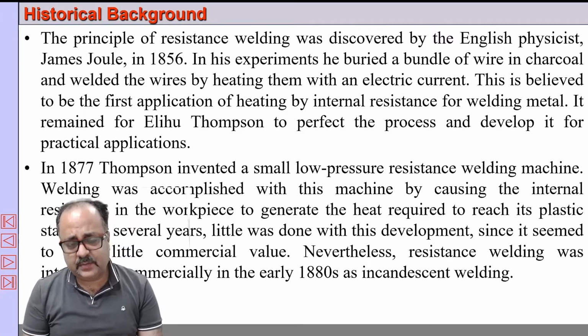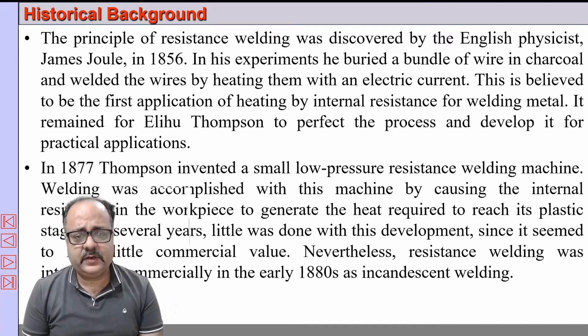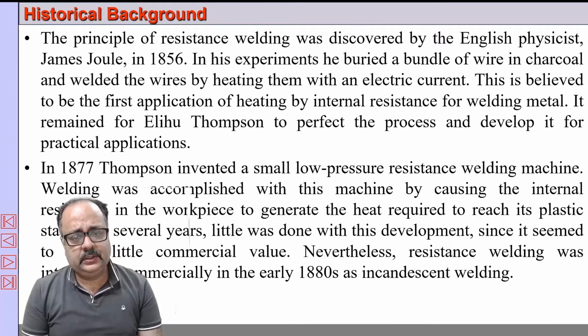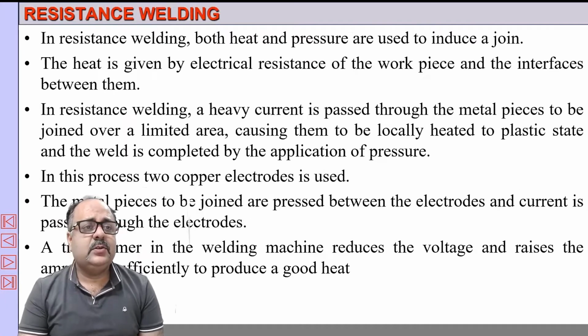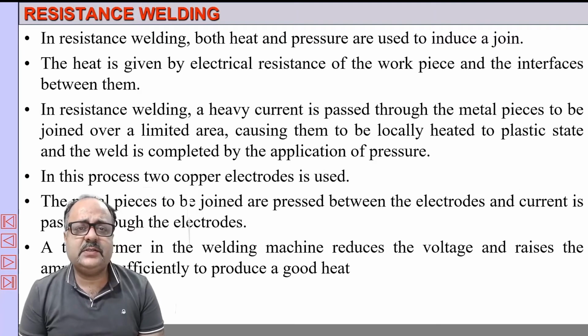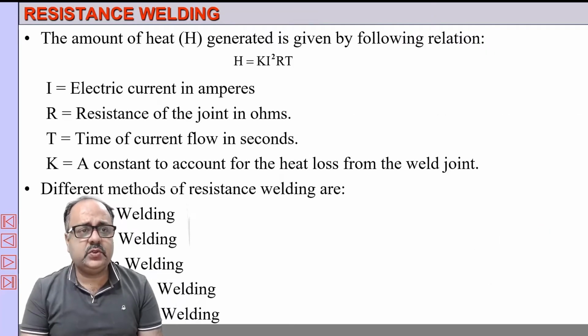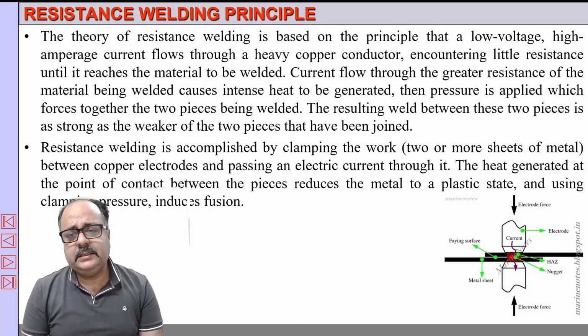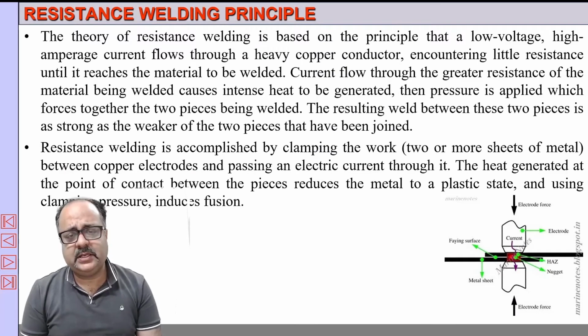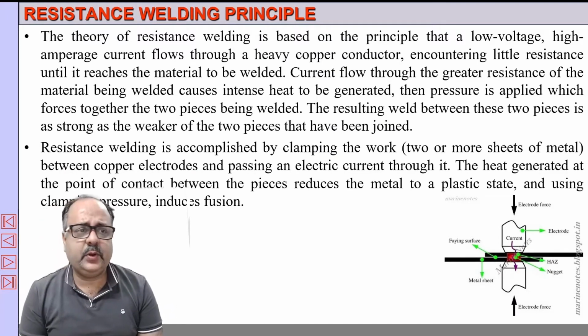So heat is generated by the resistance to the flow of current. Later on it was commercialized around the 1880s. Nowadays industrially it's a very popular method. Here we use both heat as well as pressure, so it's called a plastic welding process.